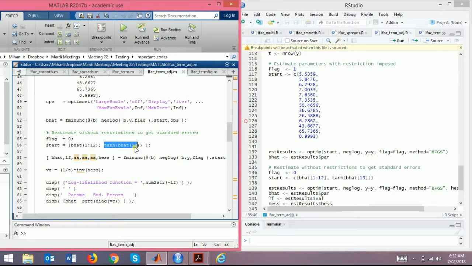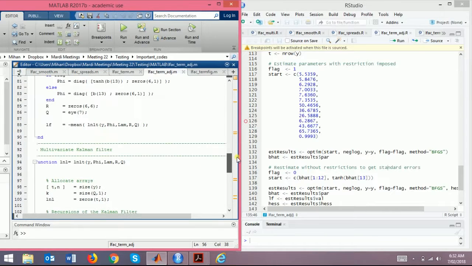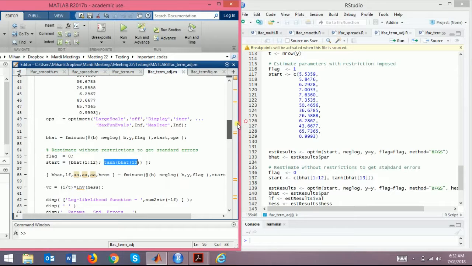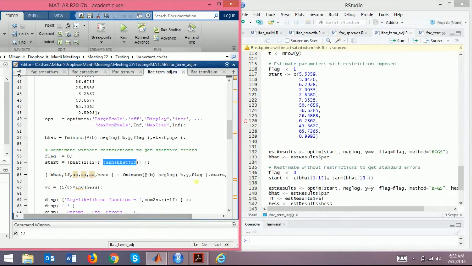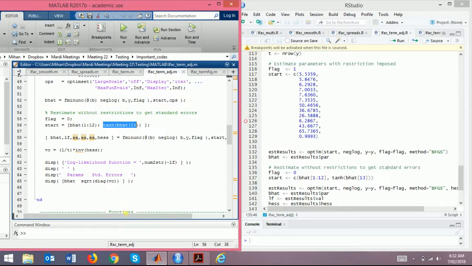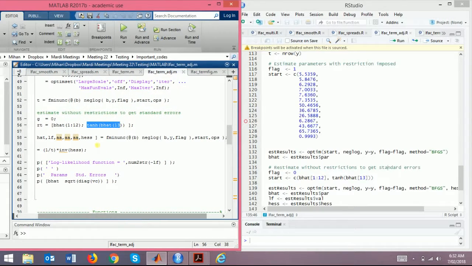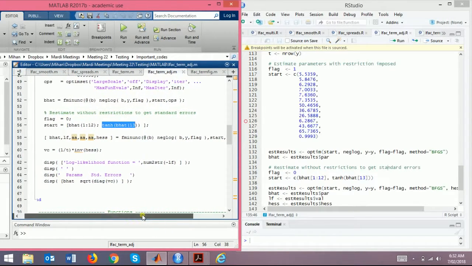This was only because this was in initialization, but as the system is initialized, the algorithm it follows doesn't have the restriction on phi. So this time we'll have a non-restricted parameter estimate, but this is for standard errors. So we will estimate the Hessian, and the inverse of the Hessian is our standard error. So that's all that we needed for term structure.